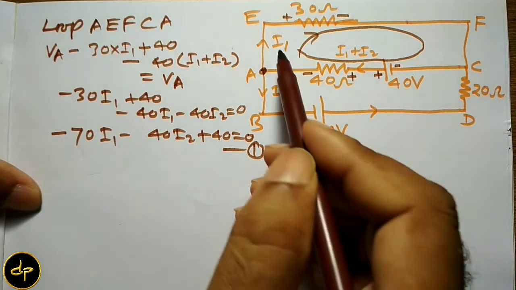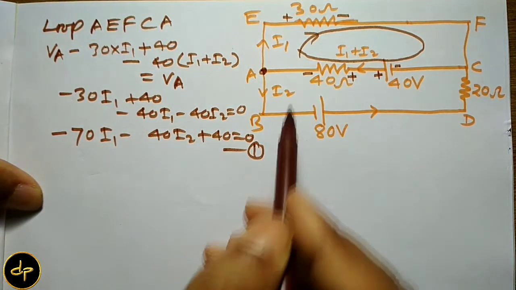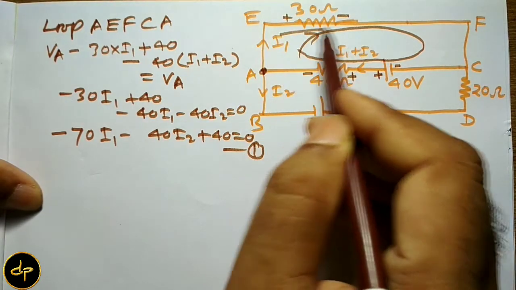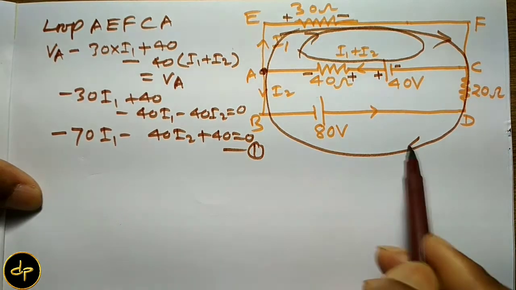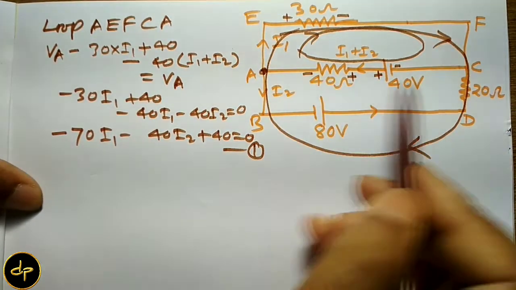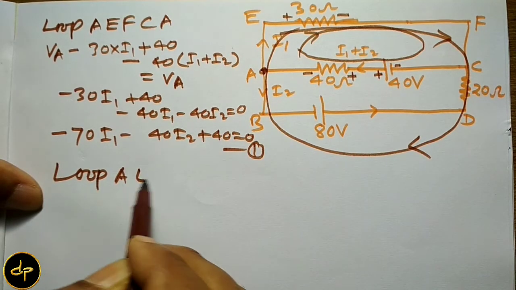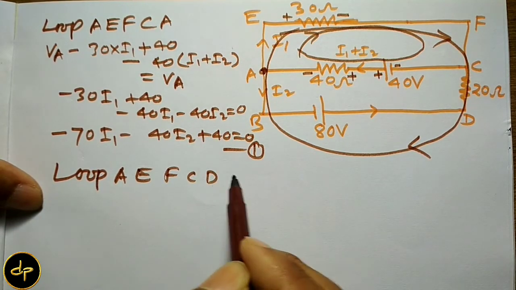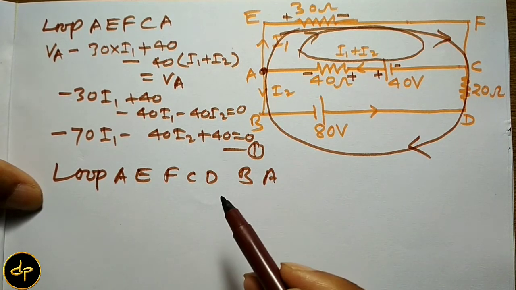So let us select another loop, this outer loop. We will move on this line, the outer loop only, we will not think about this line. So this is a loop A, E, F, C, D, B, A, and let us write the value from any point.